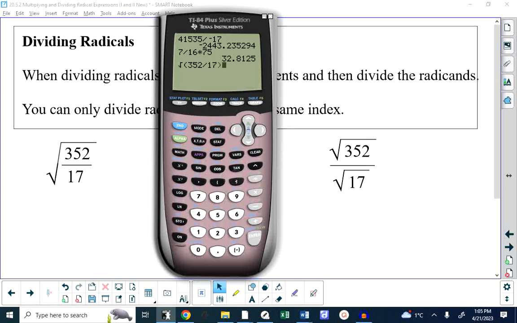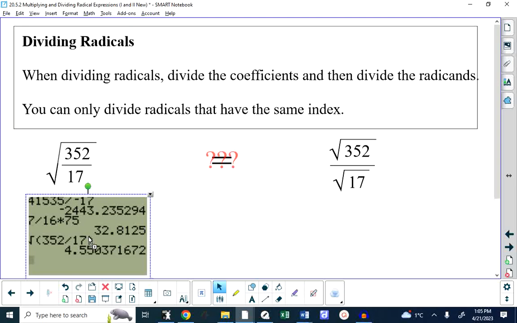When we calculate the left part of the screen, that's how I enter it in my calculator, I end up with about 4.55037. It's an irrational number, so this is a decimal approximation.